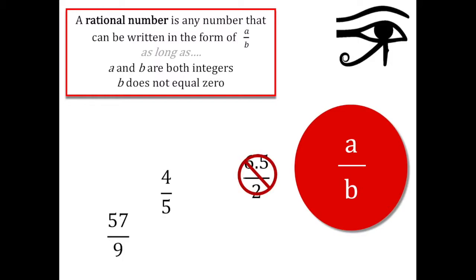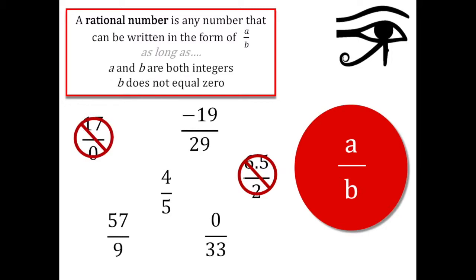No, there's a decimal there. How about negative 19 over 29? Sure, nothing against negative numbers. How about 0 over 33? Sure. And one more. How about 17 over 0? No. Remember, the denominator cannot be 0.